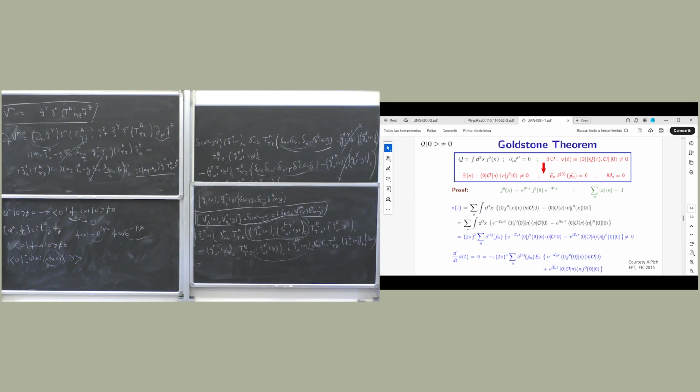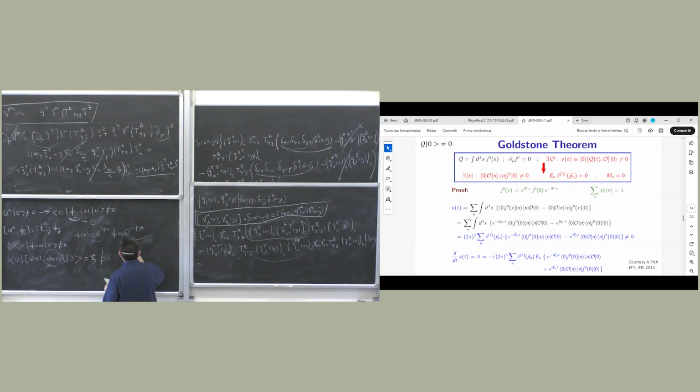We have a symmetry, so we have a conserved current and a conserved charge, and it turns out that this charge does not annihilate the vacuum. So this quantity doesn't depend on time. Let me call it C, and we know that it is not 0 and is independent of time. Correct? Now we are almost done.